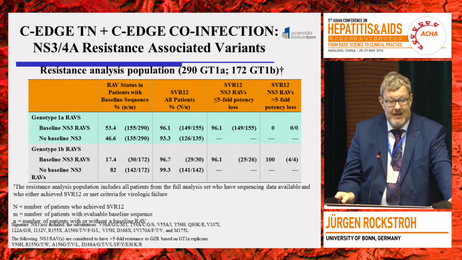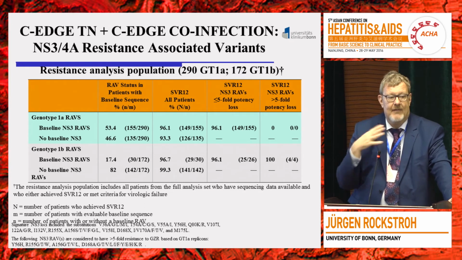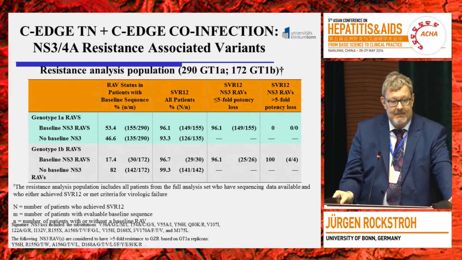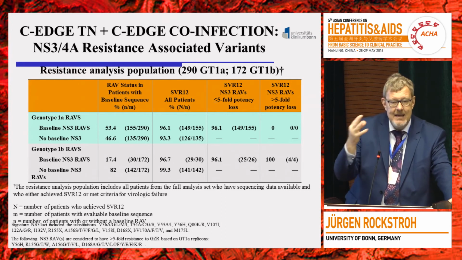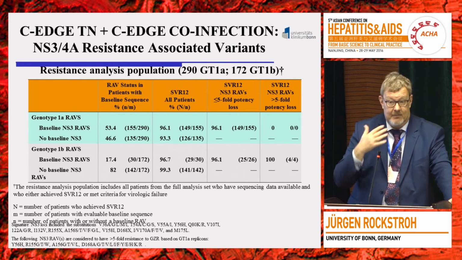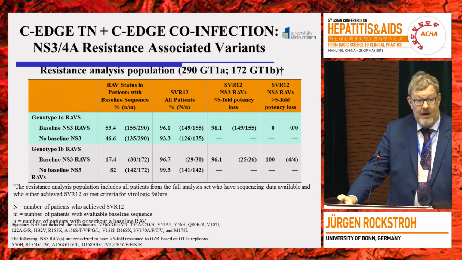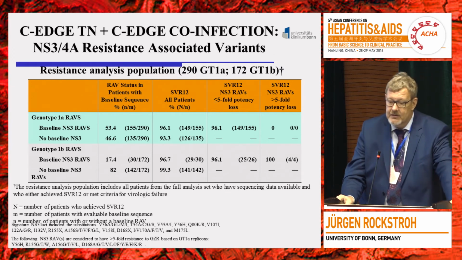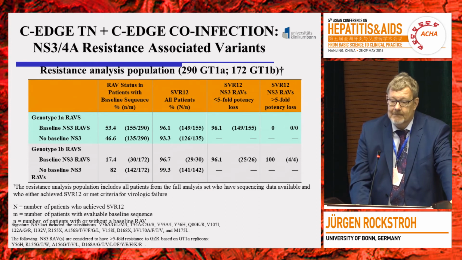So I think for your region, actually, it's going to be a very interesting question whether you're ever going to need any baseline resistance testing, because other than if you use the BMS compound, for 1B, the impact of baseline mutation is going to be less prominent. So probably from a public health point, you're going to use regimens which simply do not require resistance testing and are safe to use. And interestingly enough, that is also true here for the C-EDGE for the Merck combination.